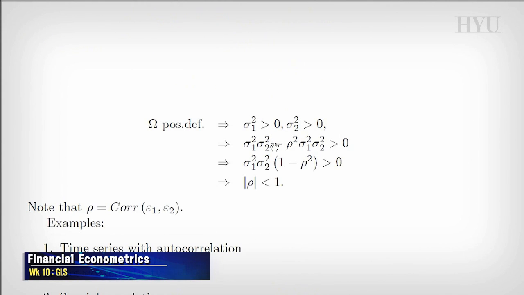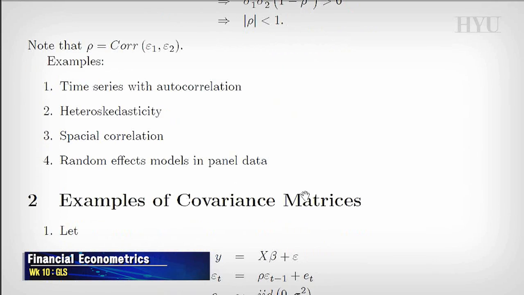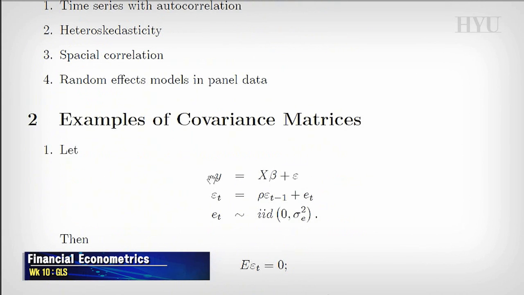Okay. Now let's talk about examples like autocorrelation, heteroskedasticity, spatial correlation, and the random effect model. Okay, first, examples of covariance matrix. Now suppose y equals x beta plus epsilon, same as before, and suppose epsilon t. Okay, so y is a T by 1 matrix, and the small t is the t-th element.